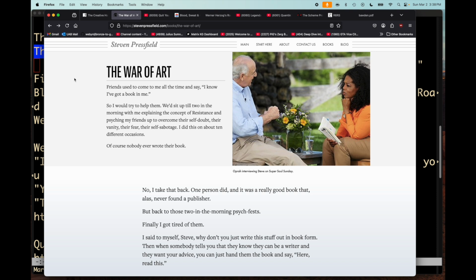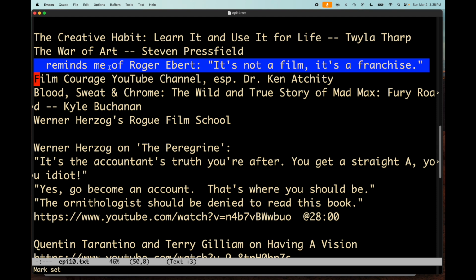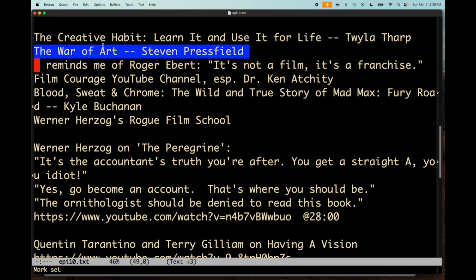It reminds me of a Roger Ebert quote when he got some press release about one of the Spider-Man films, Spider-Man 3 or something. And it talked about the Spider-Man franchise. His response is, "This is not a film; it's a franchise, right?" Anyway, I don't like the franchisement of this stuff, but I did find it interesting.